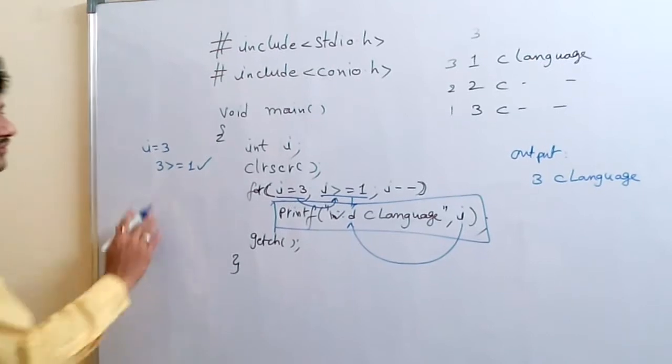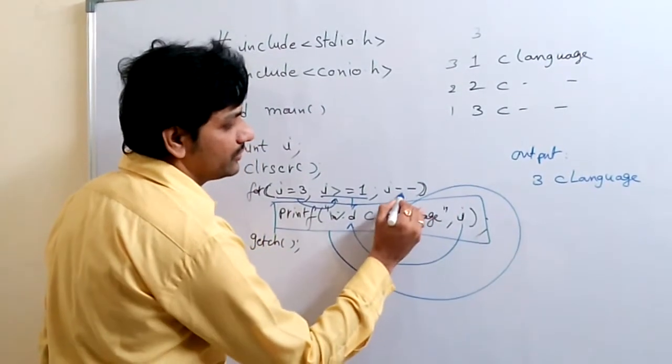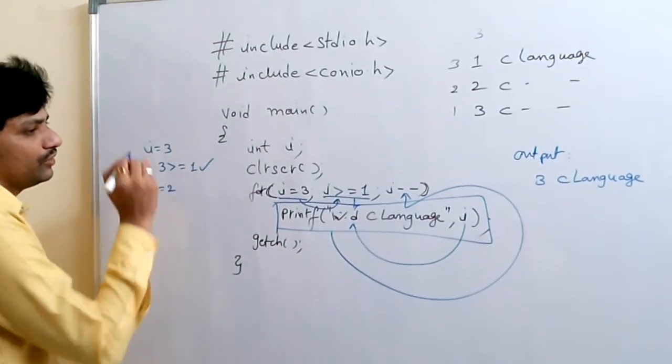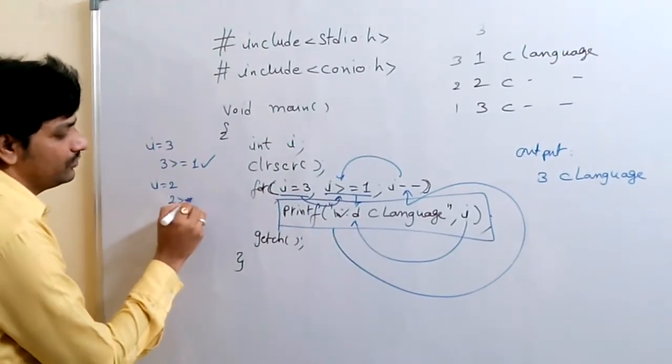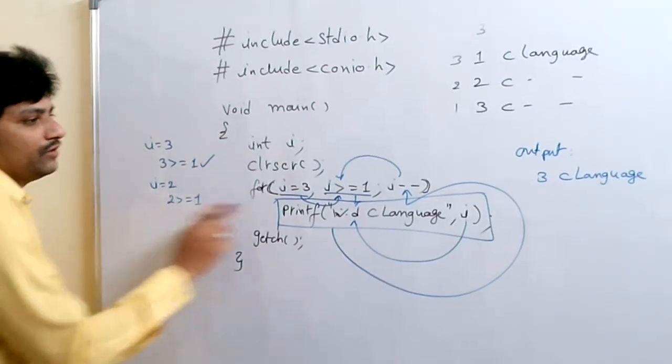Next, after this statement is executed, it goes for i minus minus. i becomes 2. Now 2 greater than or equals to 1 is also right.